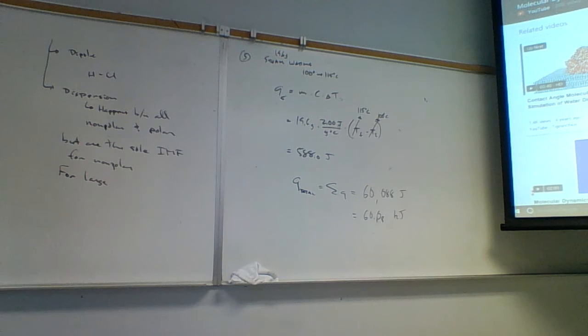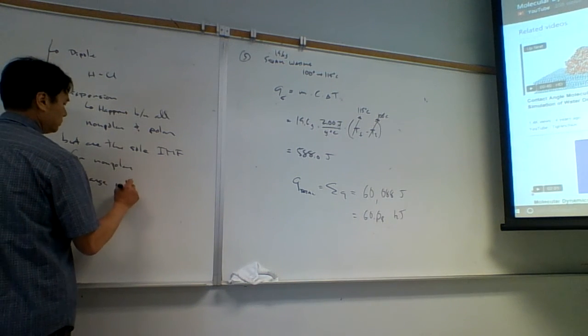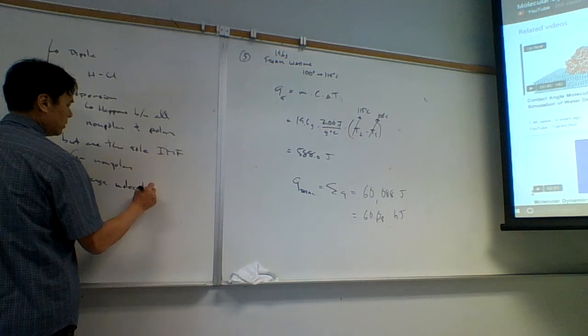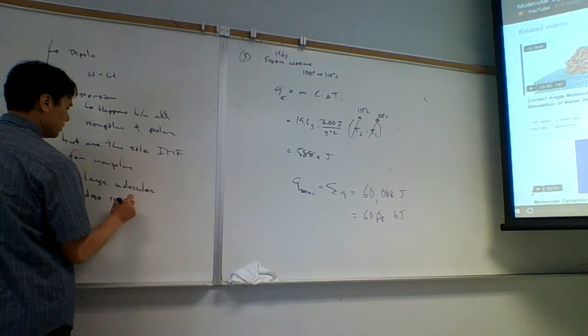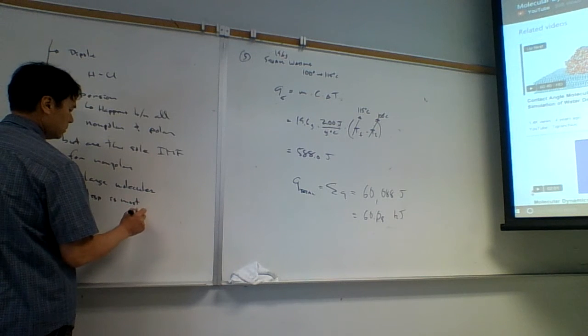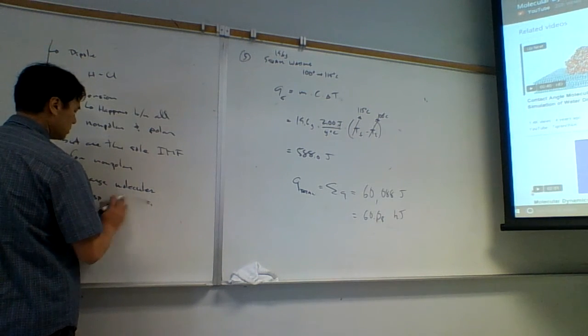Easy to distort means... starts with a P. Was it polarizable? Yeah, much more polarizable. So for large molecules, dispersion can be quite strong. Actually, it is significant.